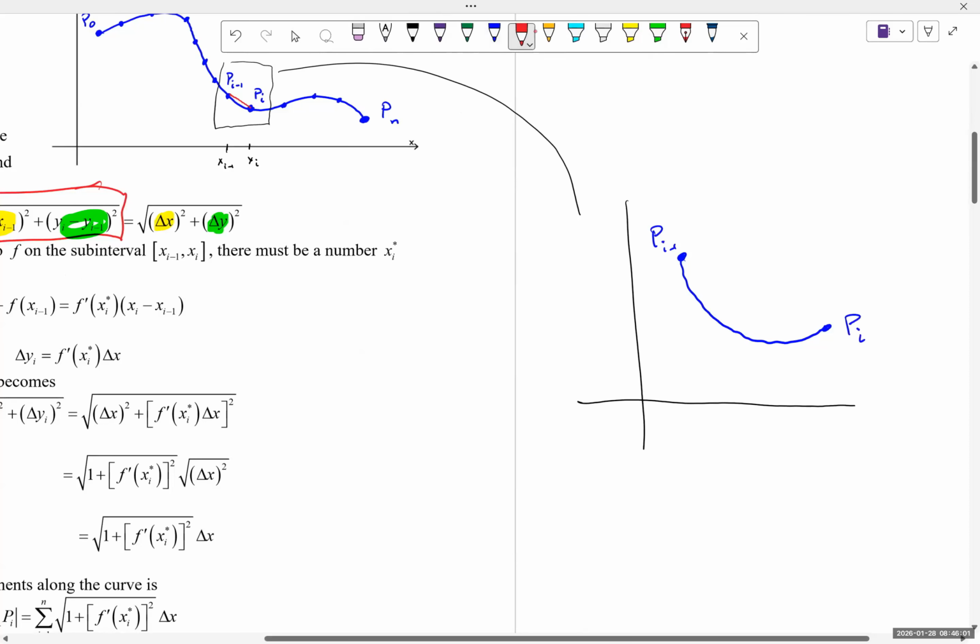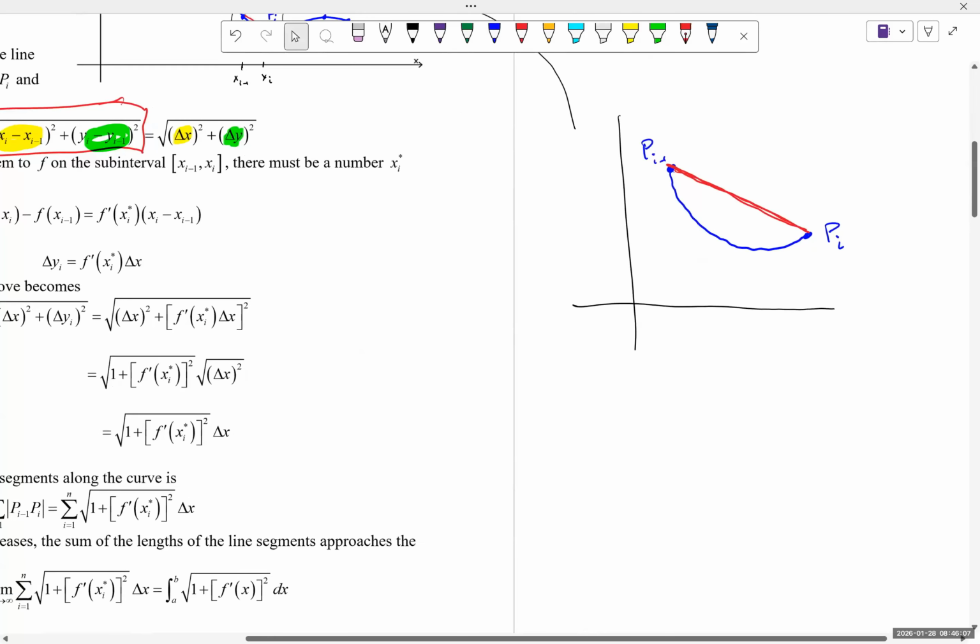And I've got this guy right there. You guys took the slope of that red line, which is y sub i minus y sub i minus 1 over x sub i minus x sub i minus 1, right? That's the slope of that secant line, if you will.